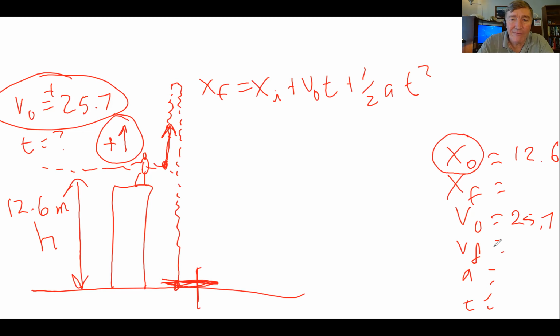It stands for how far away from the origin is the object when we started the clock. So if she said that the object was 12.6 meters away from the origin, she must have put the origin down here. That's the only way that could possibly be.